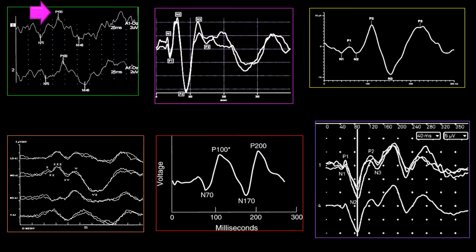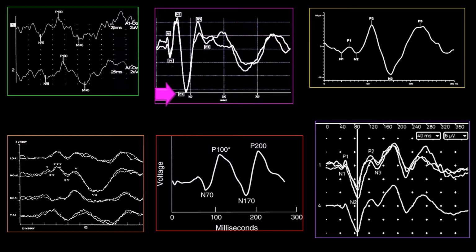In this tracing, the term P100 is used for this given potential, as it is in this one. But notice the different numerical values in the labeling of the other peaks.